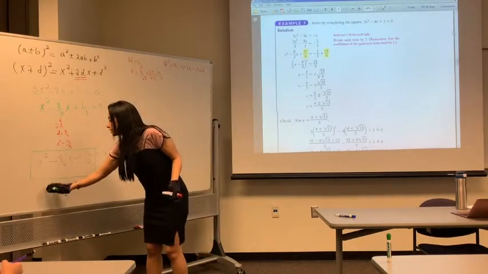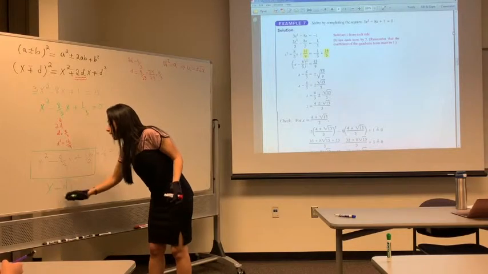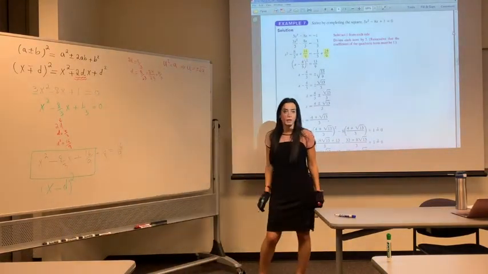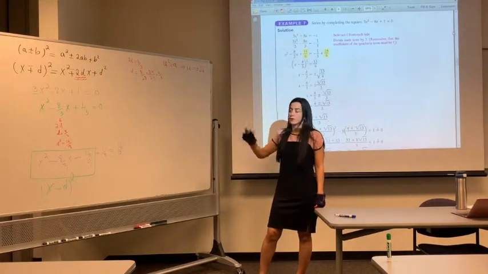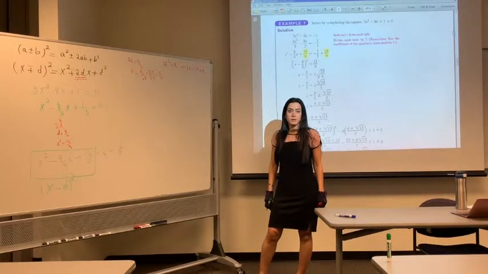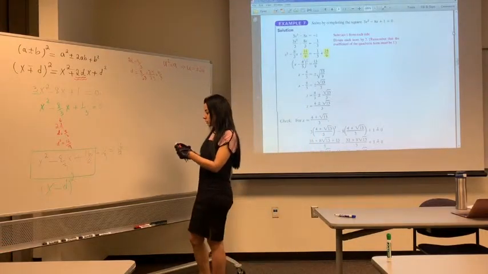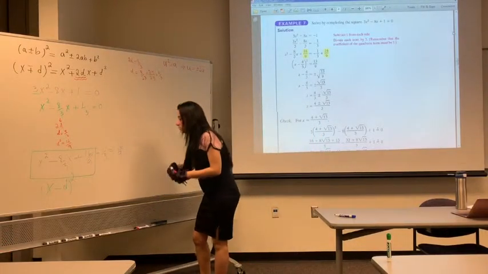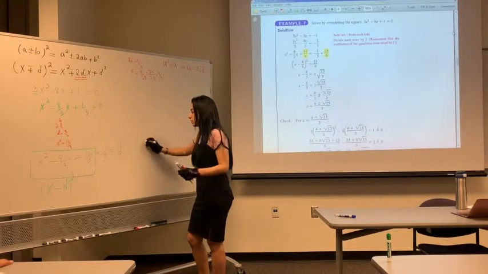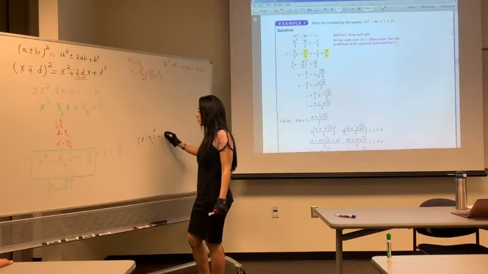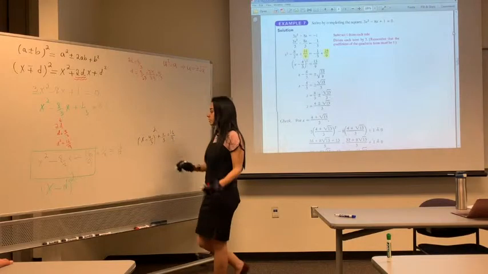This one is (x minus d) power 2, right? And you already know what d is. d is 4 over 3. Am I right? Okay, so let's write it down. (x minus 4 over 3) power 2 plus 1 over 3 equal to 16 over 9.